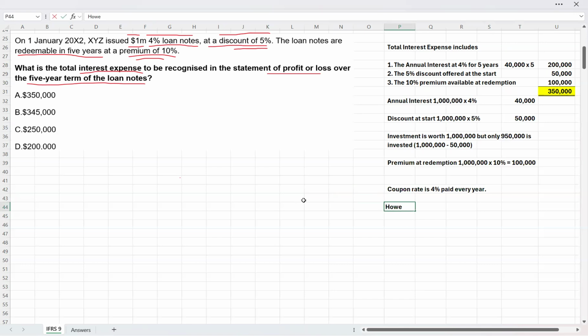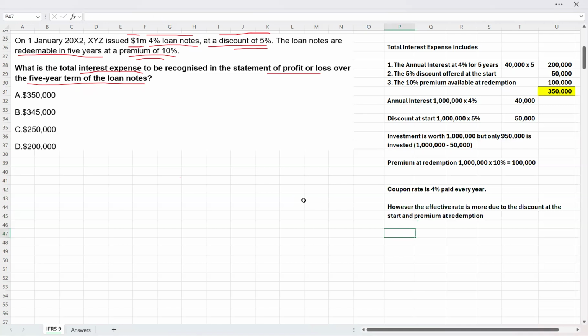However, the effective rate is more due to the discount at the start and the premium at redemption. So we're going to do this small calculation to understand it.